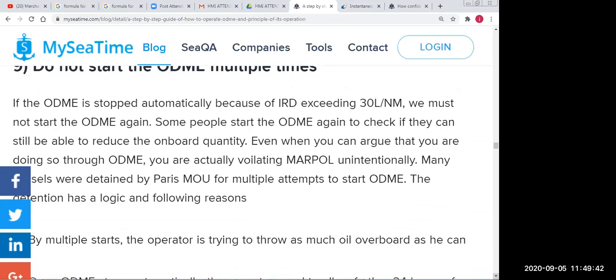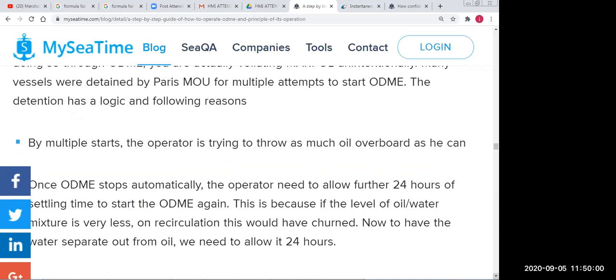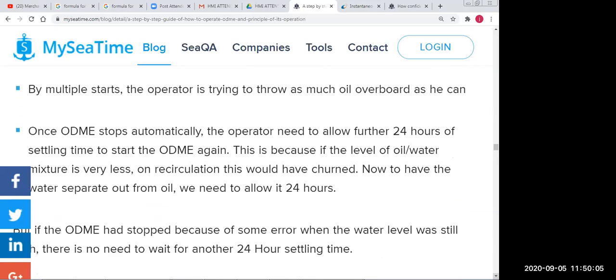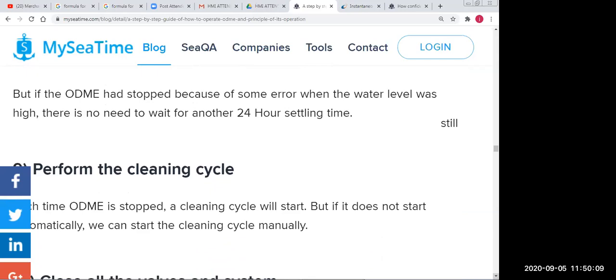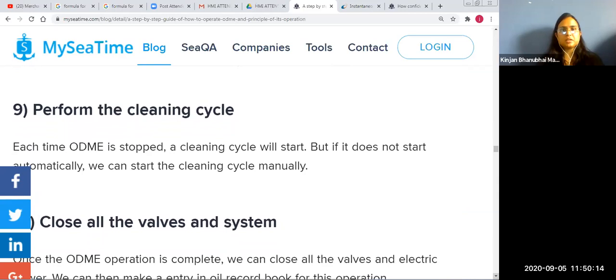We cannot operate or start the ODME many times, because operating unnecessarily many times also violates the international rules as per Paris PSC and others. Once it stops because of the ppm, and you think you still have more water, you have to decant the slop tank again for 24 hours.